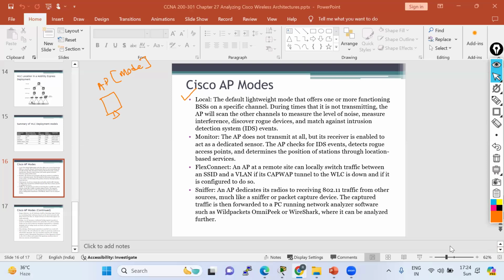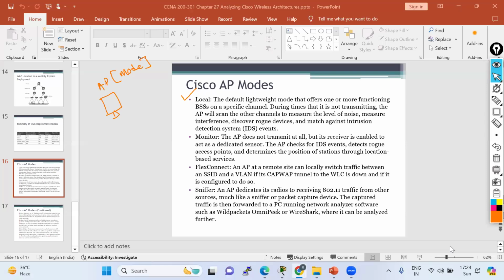We are talking about the lightweight AP, which is required to join a WLC. Then it is going to offer the BSS, which supports the SSIDs where the specific channel is broadcast. The AP is going to connect to the WLC and the client is going to connect to the AP, right?